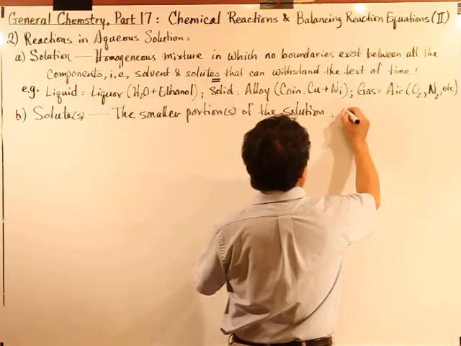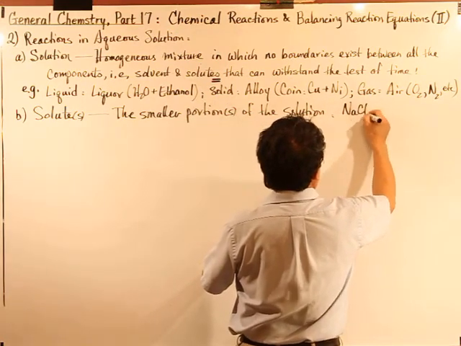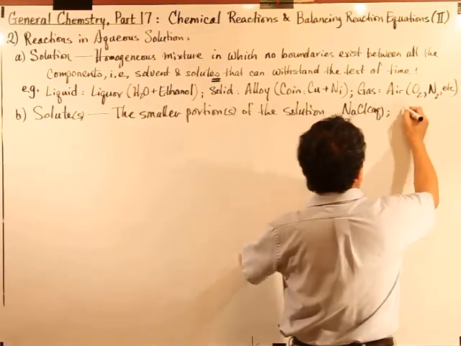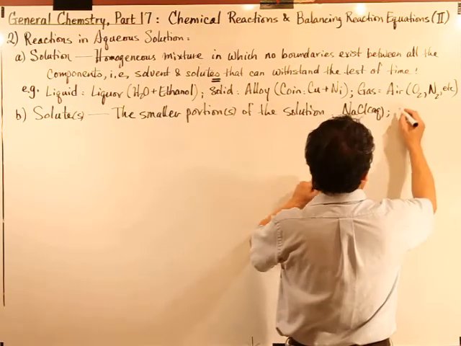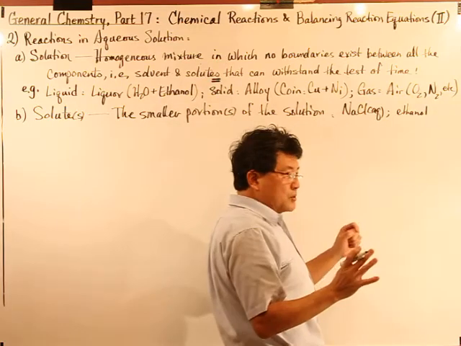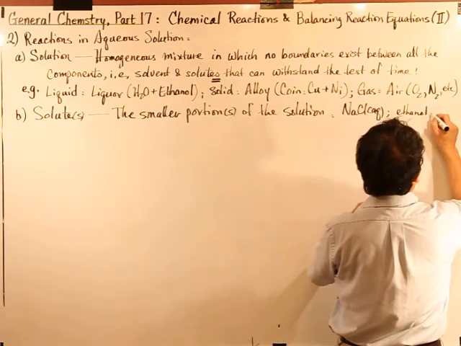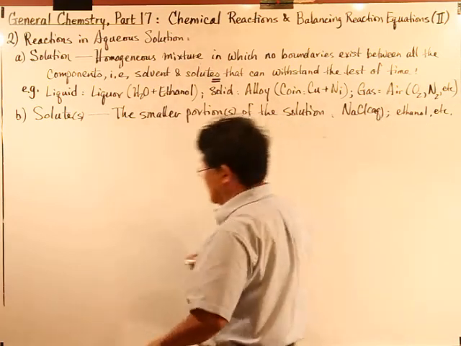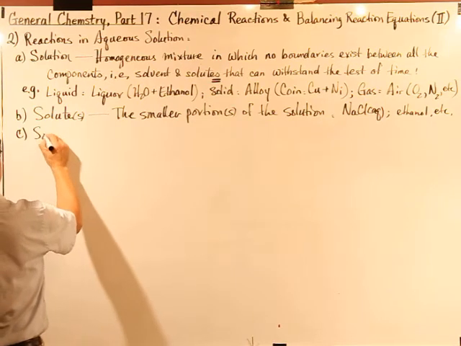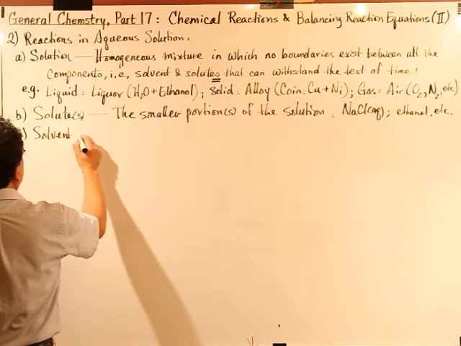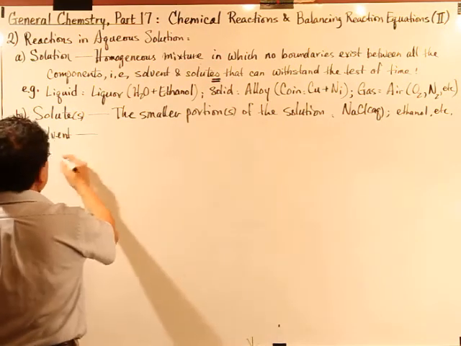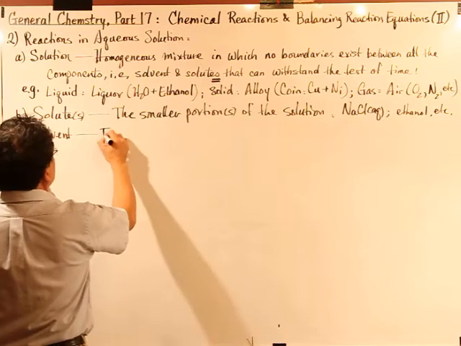So the salt, right, and the aqueous, and then you may have an alcohol, ethanol, a smaller portion than the water portion in liquor, right? That is the solute. Then what is the solvent? Solvent is normally one. Some cases may have two, but most of the time, one. And it is the large portion.